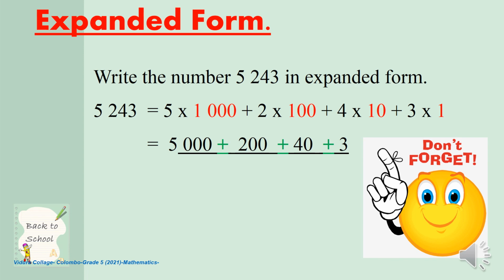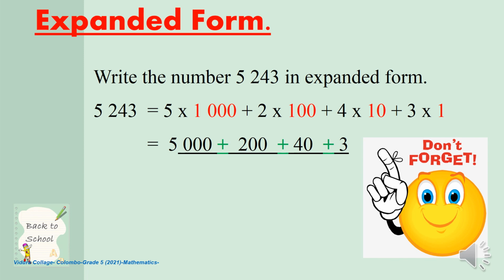Place values: 3 in units, 4 in tens, 2 in hundreds and 5 in the thousands column. If you take 5, you read the number as 5243. So that means 5 is in the thousands column, which means there are 5 thousands.